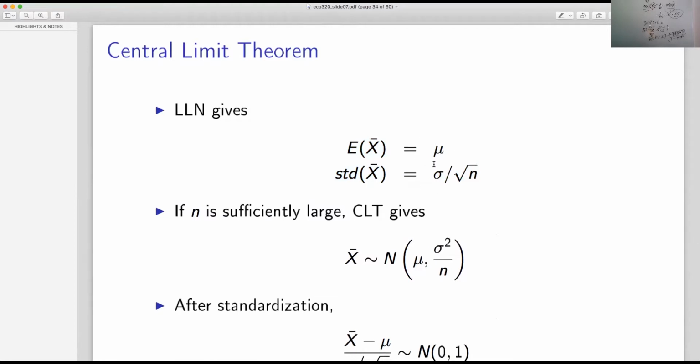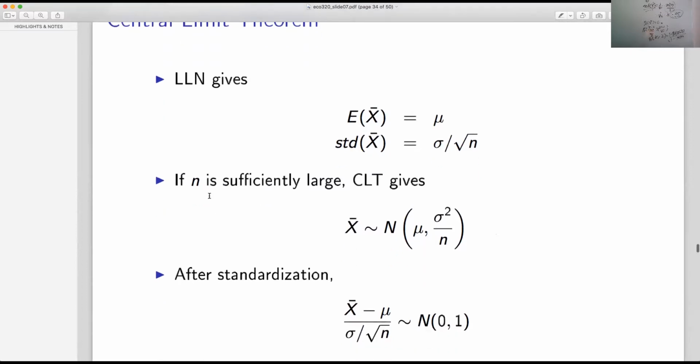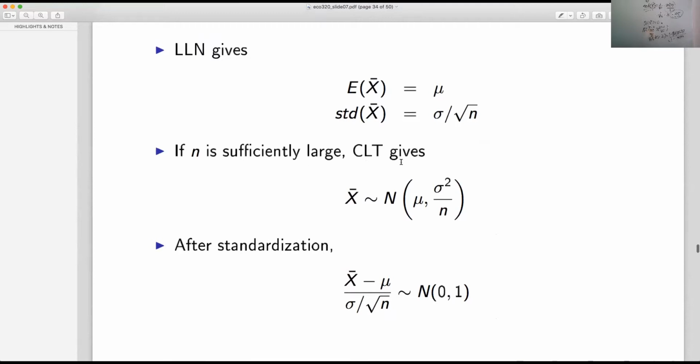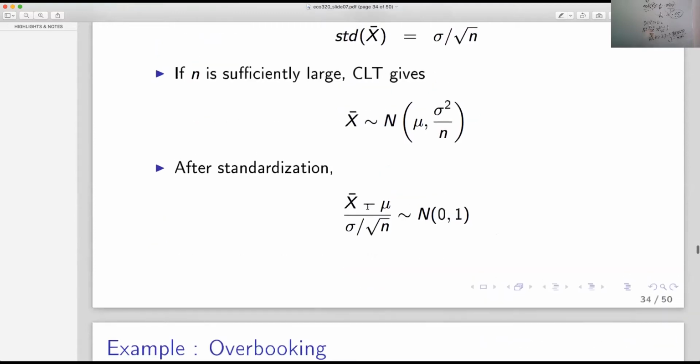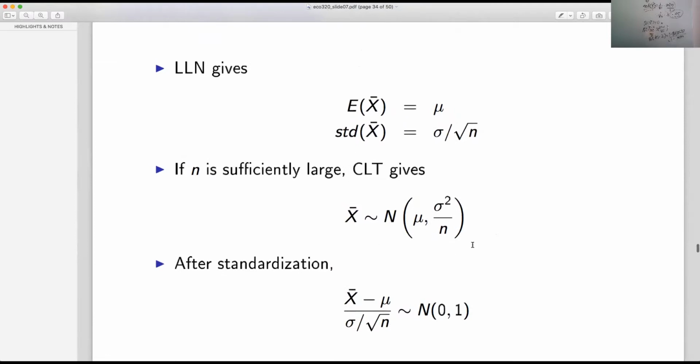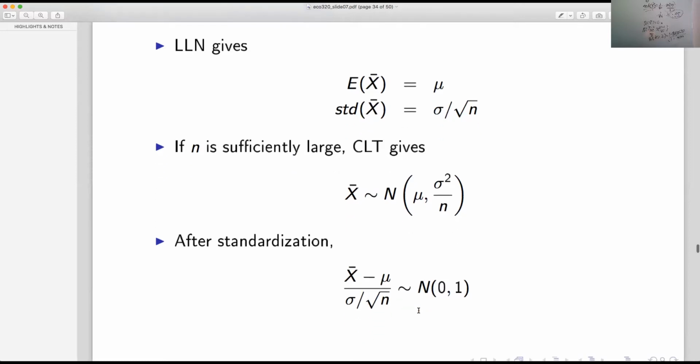When we have enough sample size, and these were the properties. If n is sufficiently large, the central limit theorem gives this, and after standardizing, this is what we do. Something similar to what we have done: you subtract the mean and divide by the standard deviation of X bar.